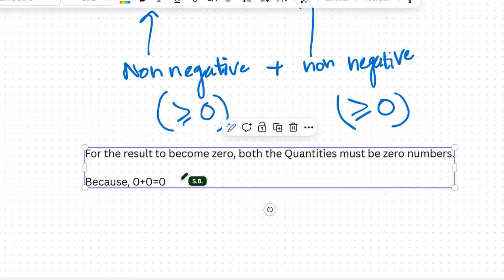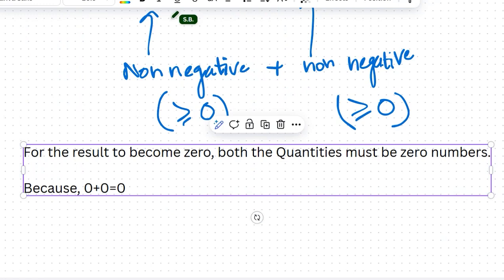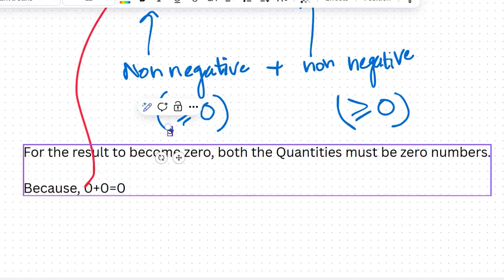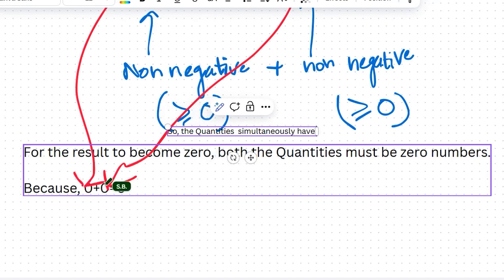So the case is both the quantities which are being added individually have to be 0. The quantities simultaneously have to be 0.